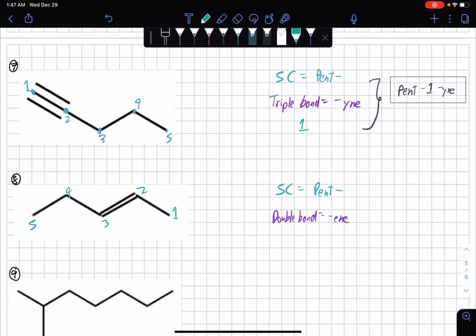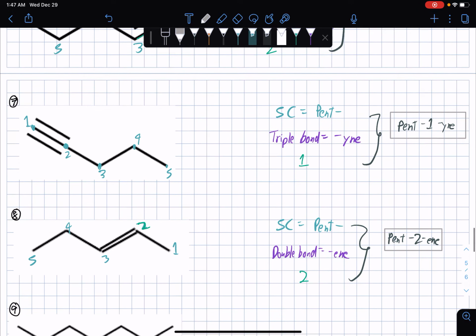Right now, 2 is the first carbon to connect with the double bond. Therefore, we have 2 over here. Combine all these ingredients. Pent-2-ene is our IUPAC name for this structure of number 8.